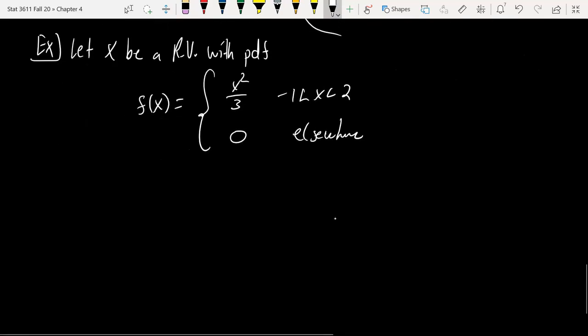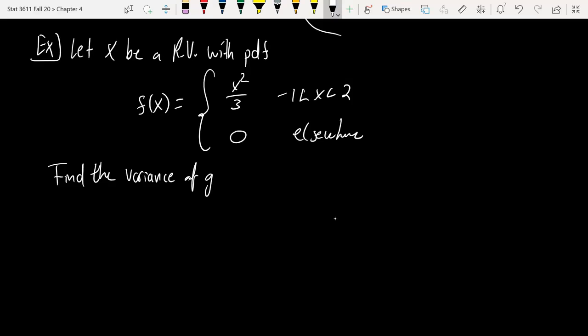Okay. Let's find the variance of g of x equals 4x plus 3.